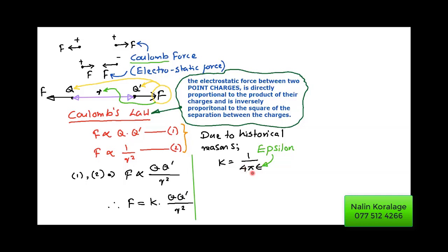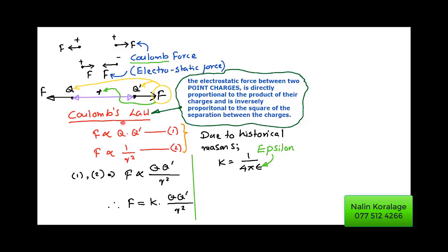On the other hand, say charges Q dash are placed in vacuum, and another two charges, Q1 and Q2, are also placed in vacuum. Now what about epsilon regarding these two cases?